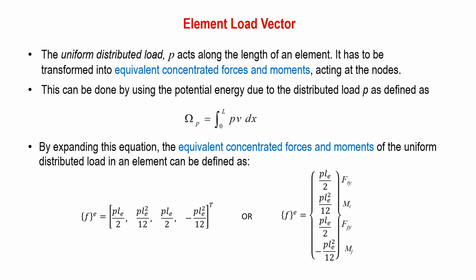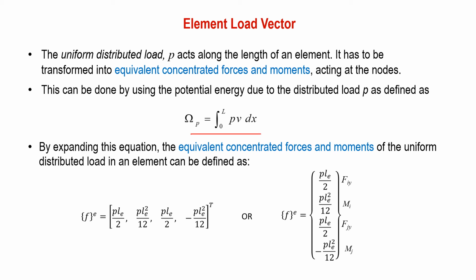However, for the uniformly distributed load, we have to convert it into equivalent concentrated forces and moments at the related nodes. This can be done by using the potential energy due to the distributed load, as defined in this equation.